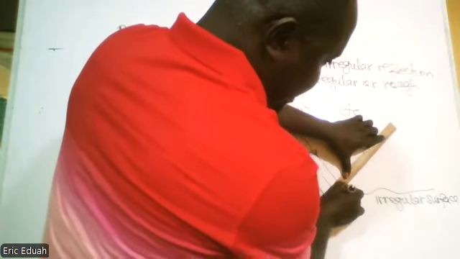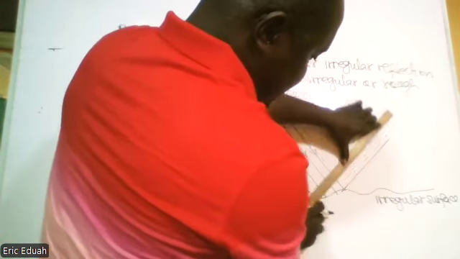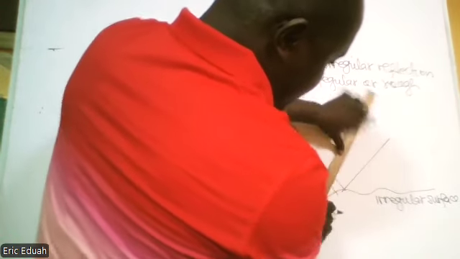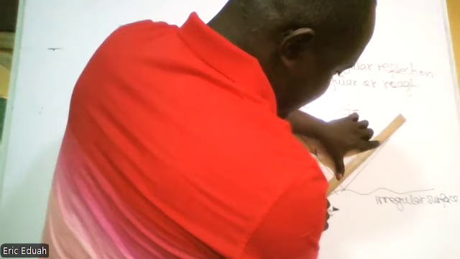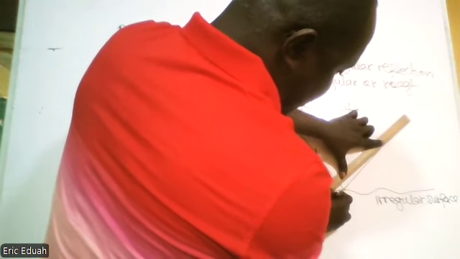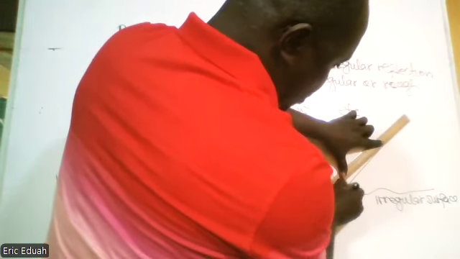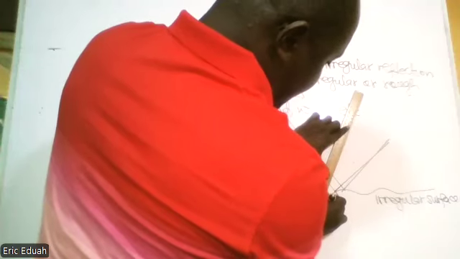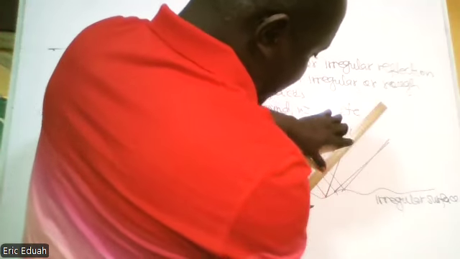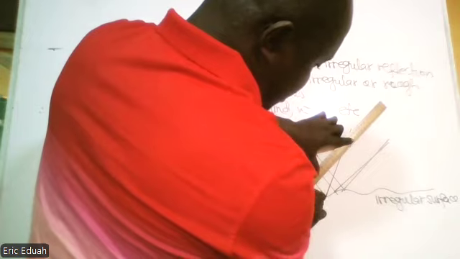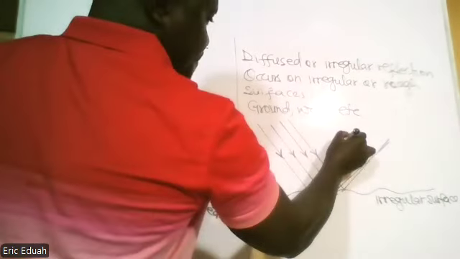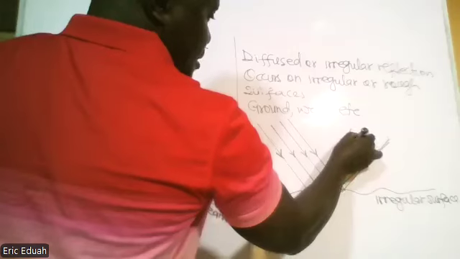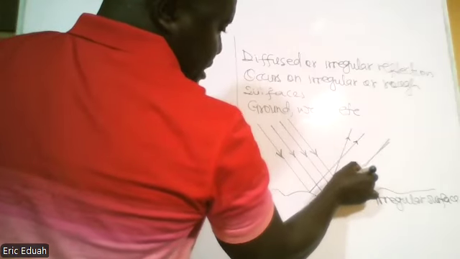So instead of reflecting in that orderly manner, no. The reflected rays from individual rays are scattered, crisscrossing one another.